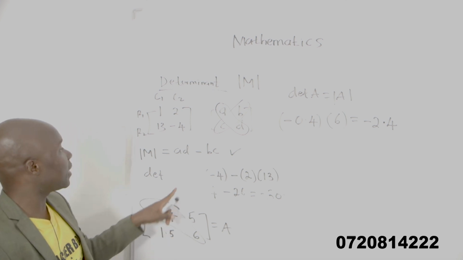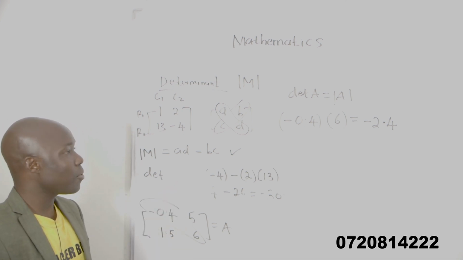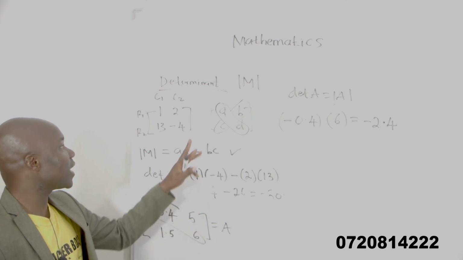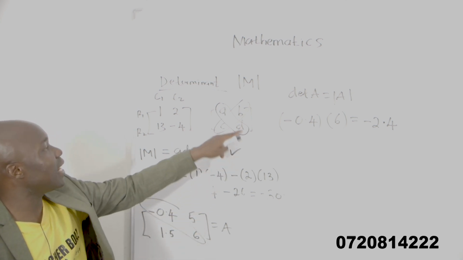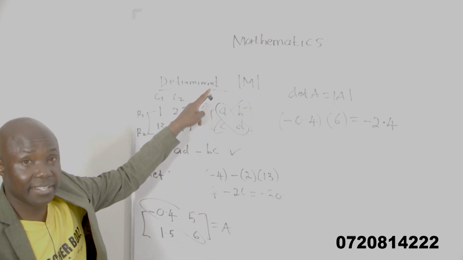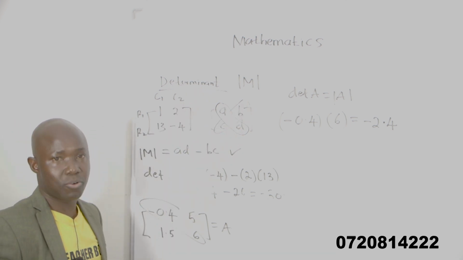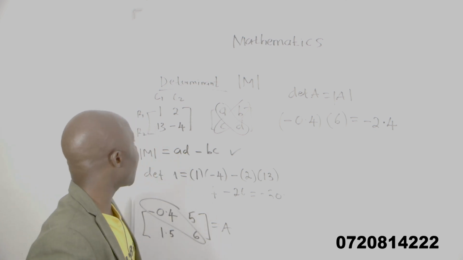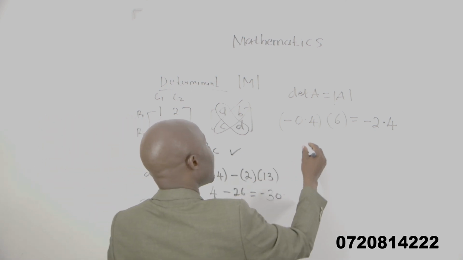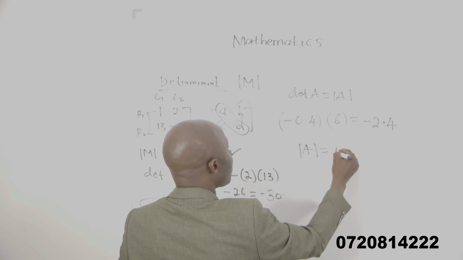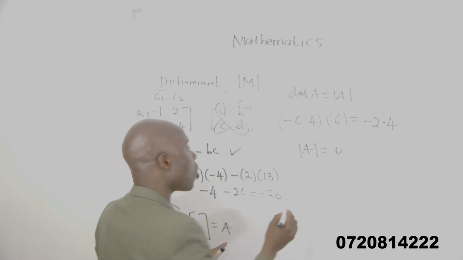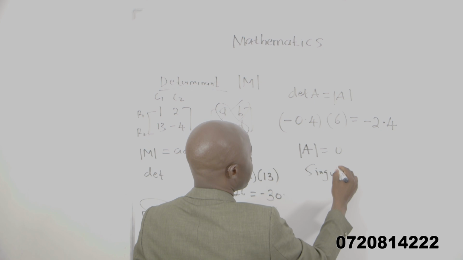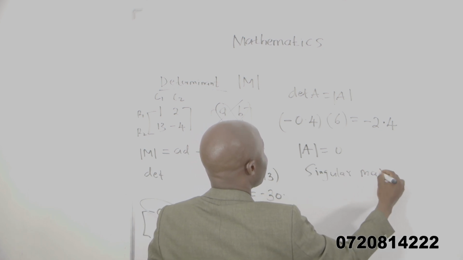So this is the determinant of a 2 by 2 matrix. So from today you know how to get the determinant: simply the leading diagonal's product minus the minor diagonal's, using the entries in that matrix. But if you find a matrix whose determinant is equal to 0, we normally call it a singular matrix.